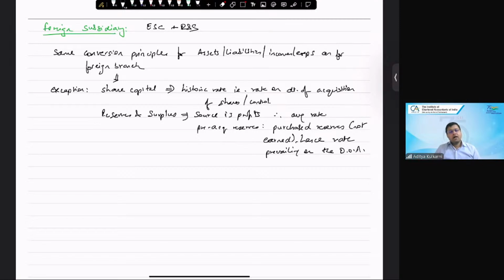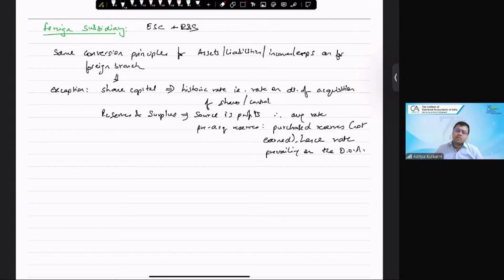Yes. Assets will go at closing rate, liability at closing rate, sales and expenses at average rates, share capital at the rate on the date of investment, reserves on average rates, or if they are purchased, then on the date of acquisition. So therefore, the subsidiary's trial balance will give rise to a foreign currency translation reserve.